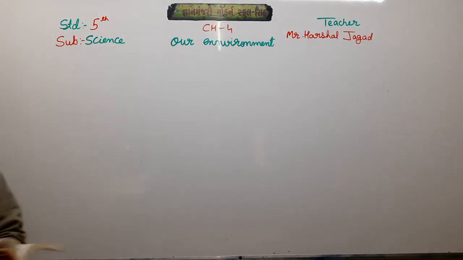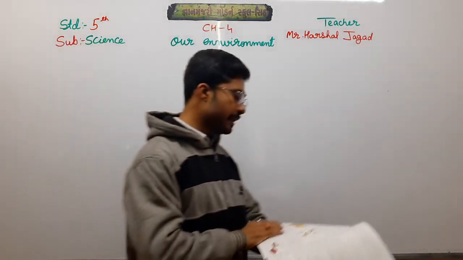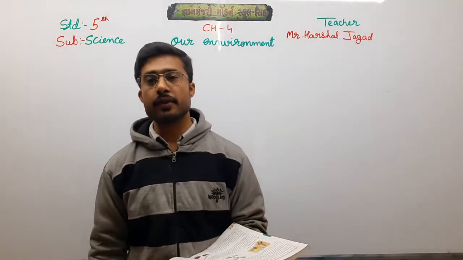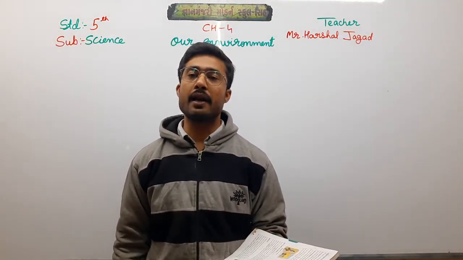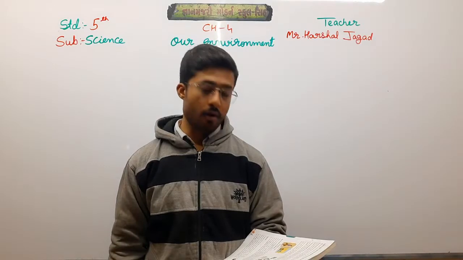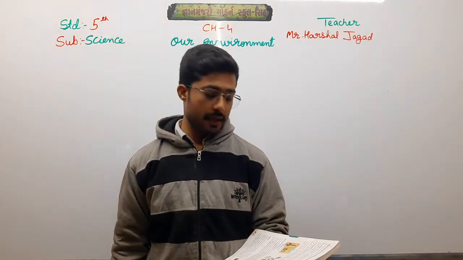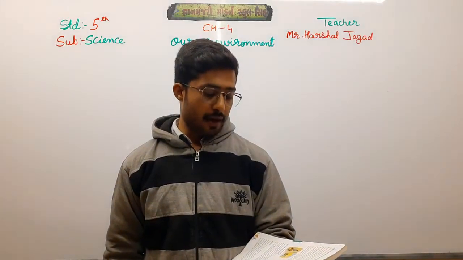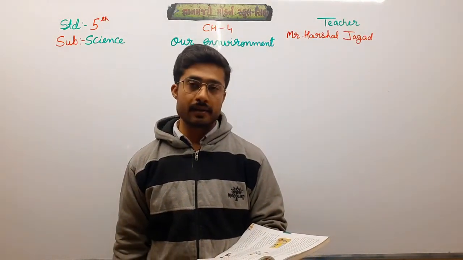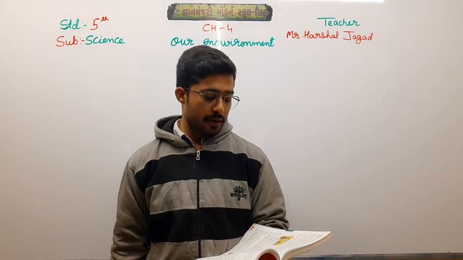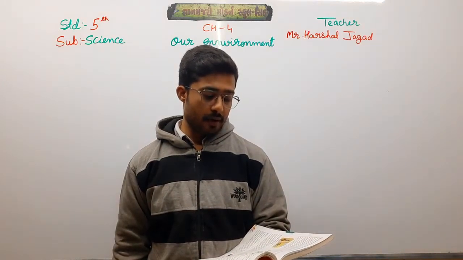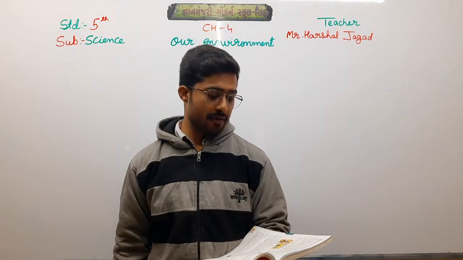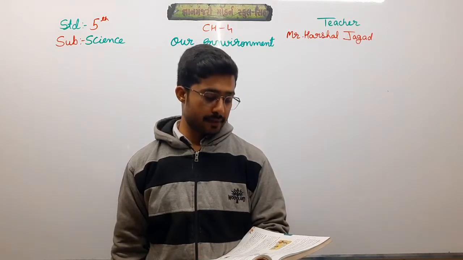After sanitization, in the previous video we have seen biodegradable and non-biodegradable waste or substances. Biodegradable substances are those that decay, decompose or are broken up by bacteria or other organisms.